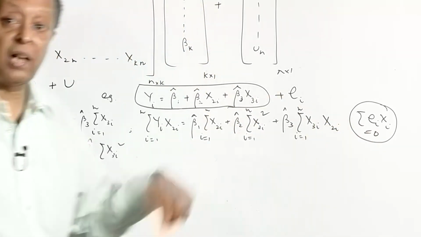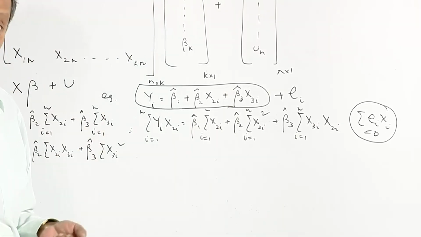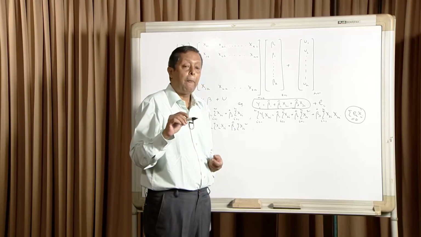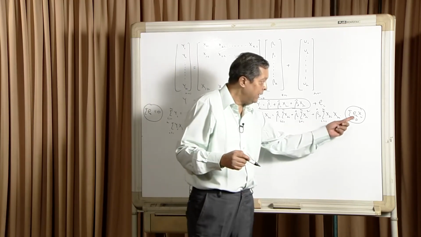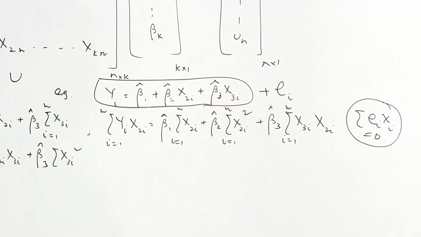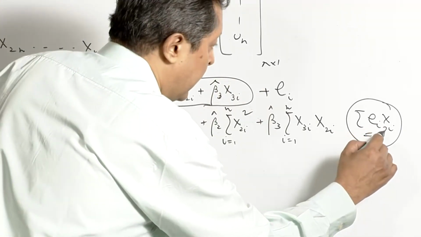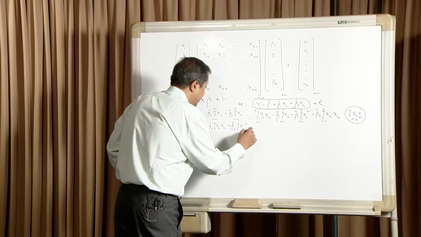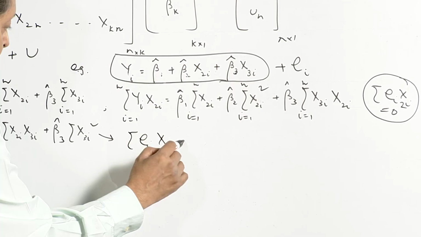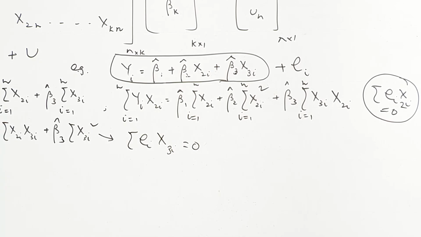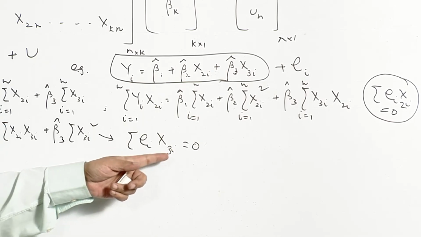This is the sample counterpart of the population property that the expectation or covariance between ui and xj is equal to 0. So, here also the error does not depend on x2, and finally, summation ei x3i is equal to 0.